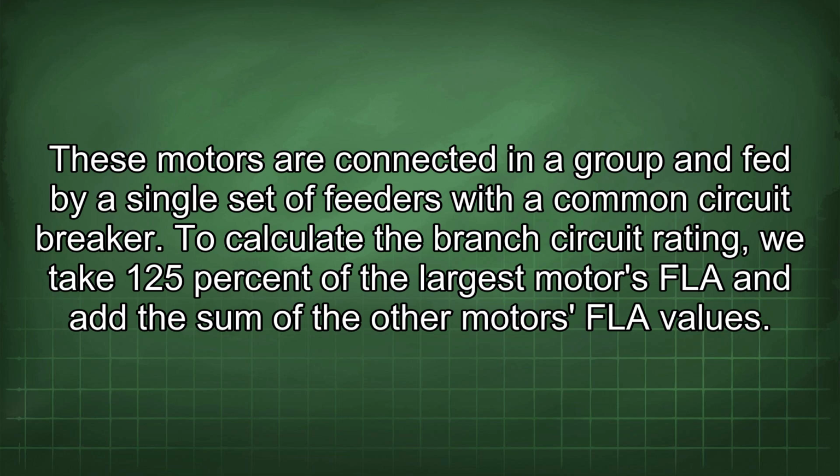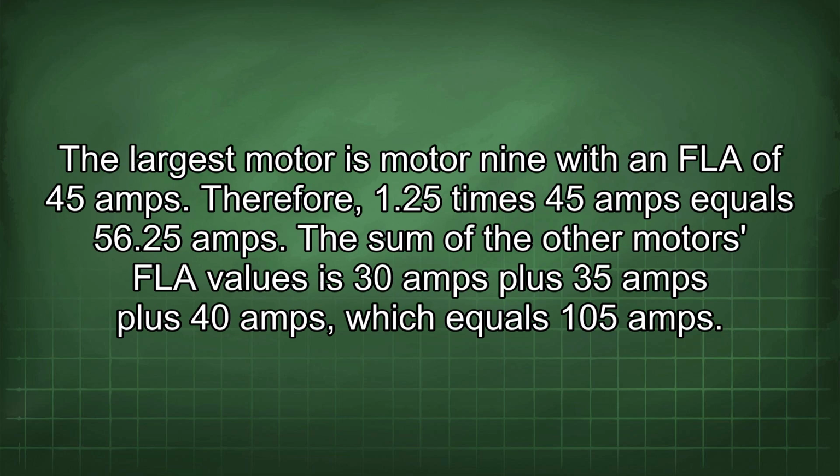To calculate the branch circuit rating, we take 125% of the largest motor's FLA and add the sum of the other motors' FLA values. The largest motor is motor 9 with an FLA of 45 amps. Therefore, 1.25 times 45 amps equals 56.25 amps. The sum of the other motors' FLA values is 30 amps plus 35 amps plus 40 amps, which equals 105 amps.